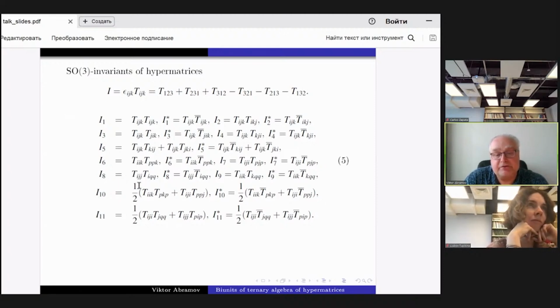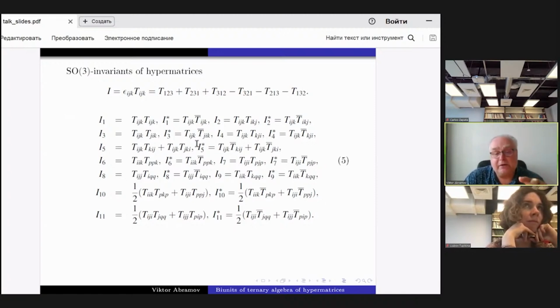For example, here I have JJ, 0, KK. No, okay, it's from this starting from 0. Only these 5 could be non-trivial. I'm sorry, 7, maybe non-trivial invariants.